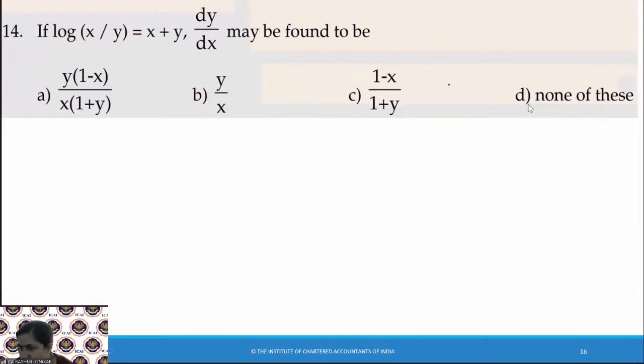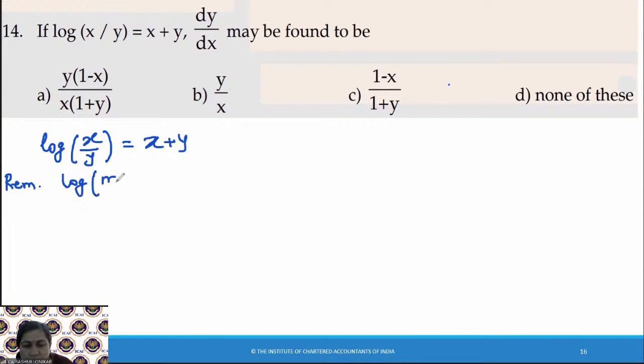Now the next sum is log of x upon y is equal to x plus y. Find dy by dx. Now remember, log of m upon n.